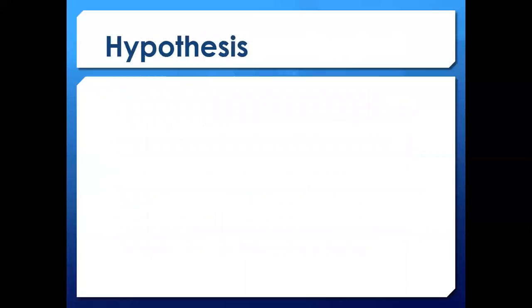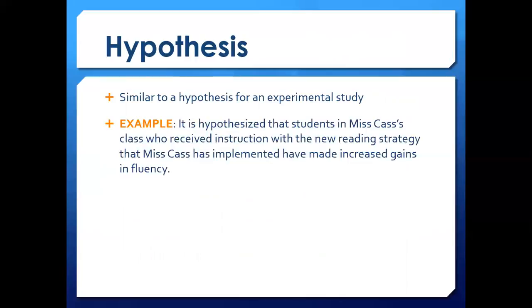So what about the hypothesis? What should the hypothesis look like in a causal comparative study? Well, the hypothesis is going to be very similar to a hypothesis for an experimental study. Here's an example.